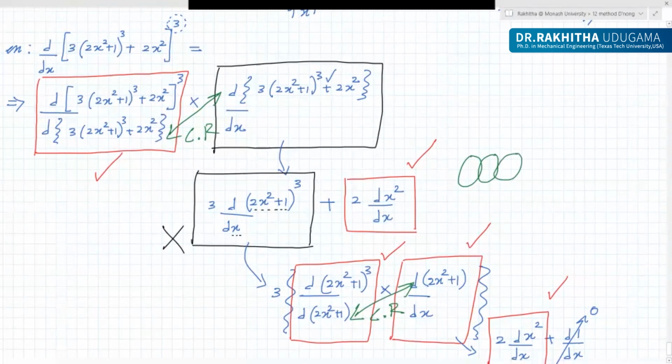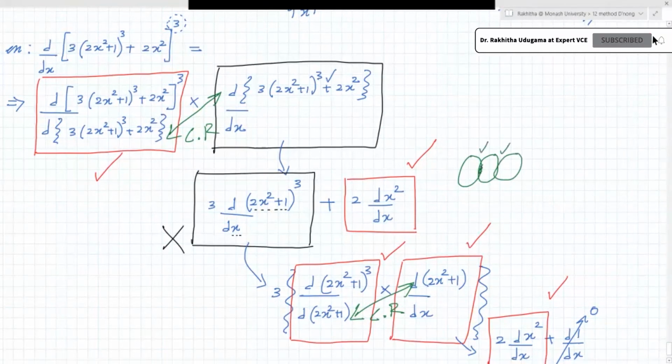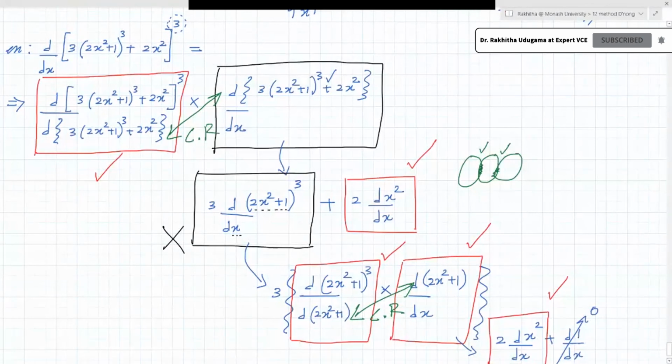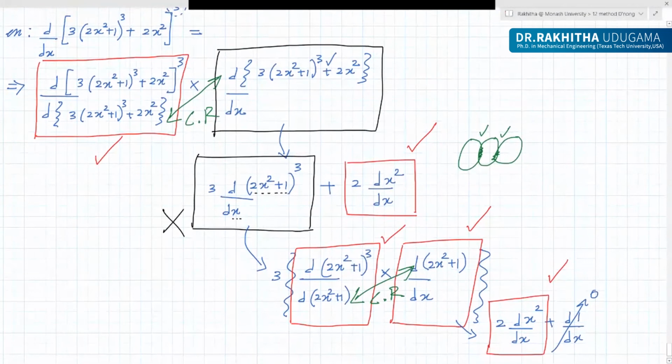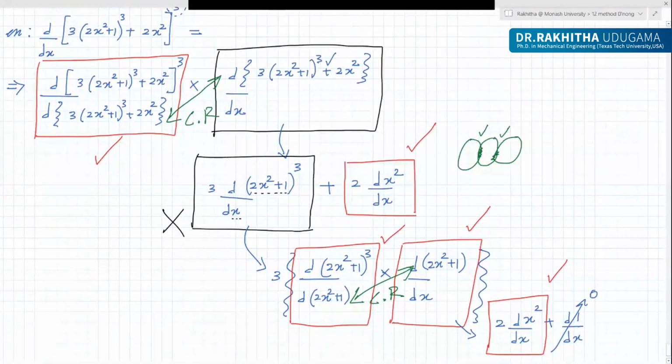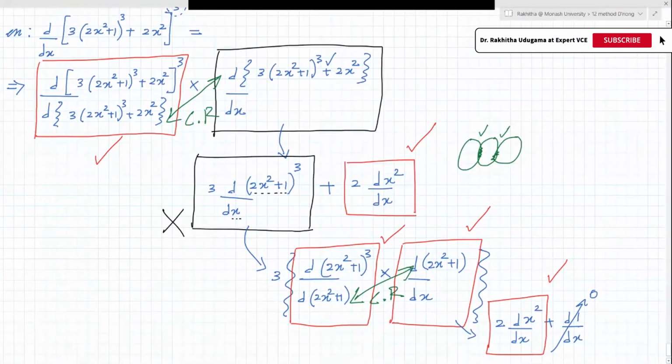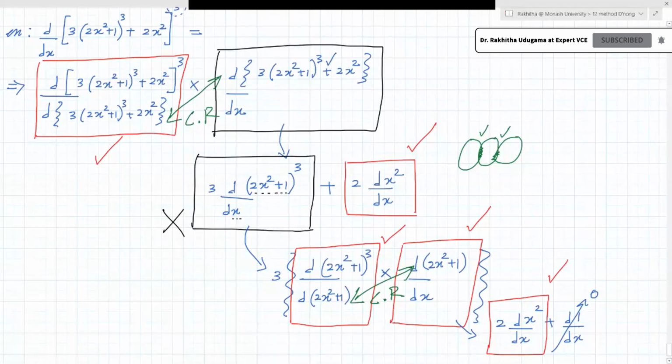That's the physical picture. There are 2 loops. This one goes with this chain rule, this one goes with this chain rule. If you look at the structure, it's like a chain. I'm connecting this loop with that, with the chain rule, and this loop with this, with the chain rule. You can see that clearly now.